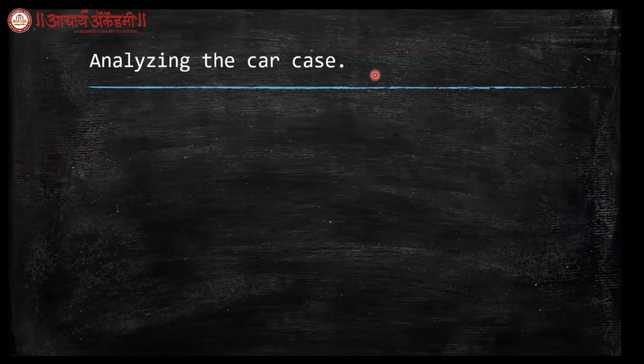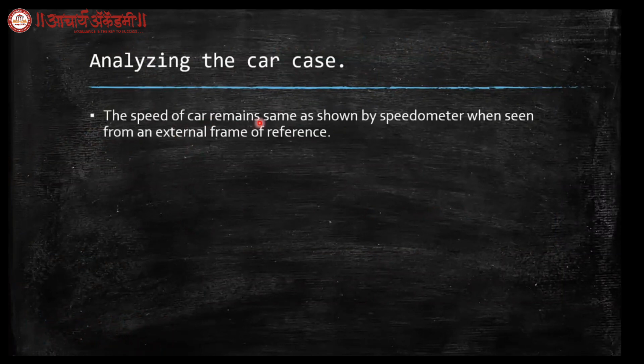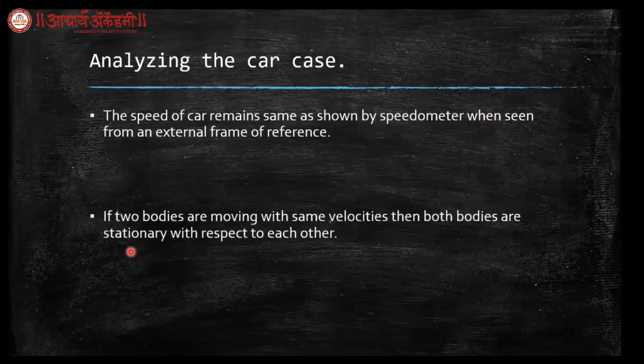Analyzing the car case: the speed of the car remains the same as shown by the speedometer when seen from an external frame of reference. If two bodies are moving with the same velocities, then both bodies are stationary with respect to each other.